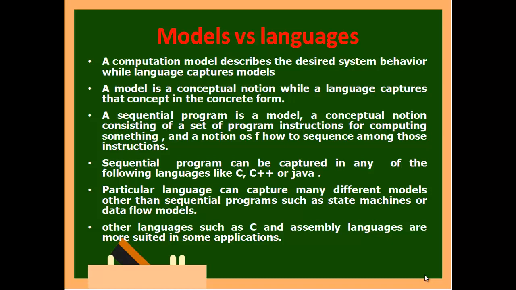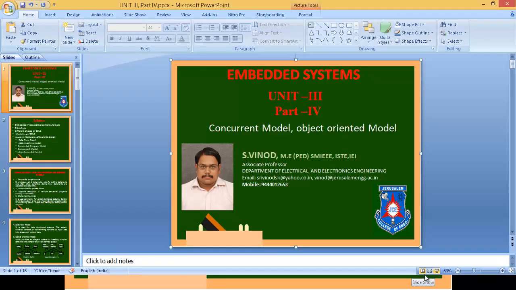A computation model describes the desired system behavior, while a language captures the model. So really the work is done by the language, or the software, or the code which you write in a particular software system, like C, C++, all such things. Whereas in a model there won't be any language. It will not say anything about a language-based thing.